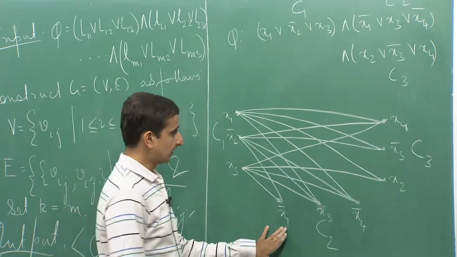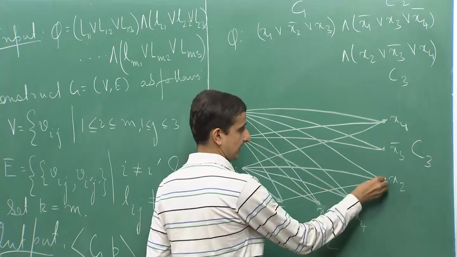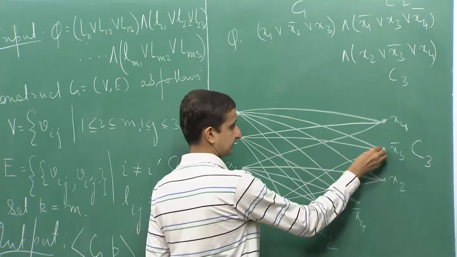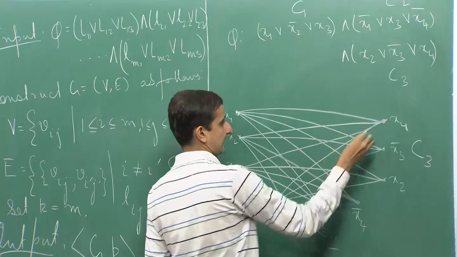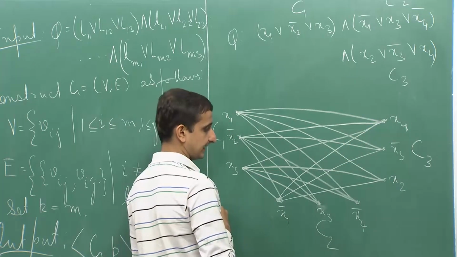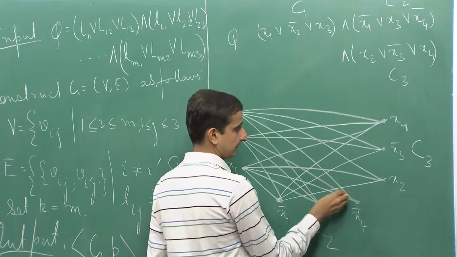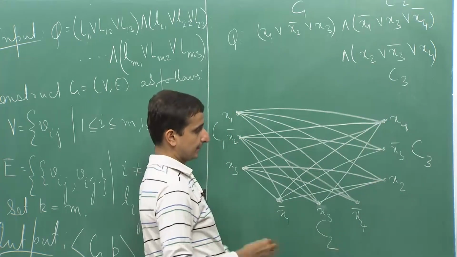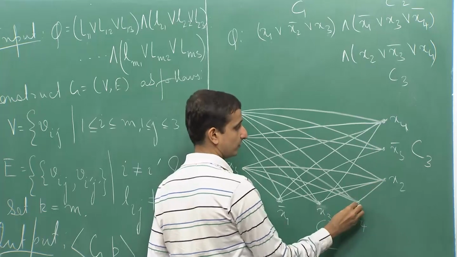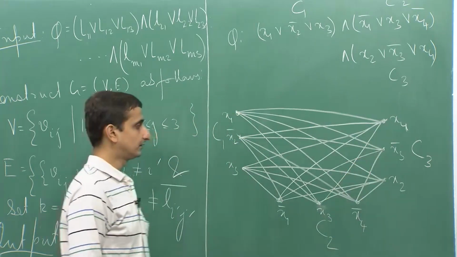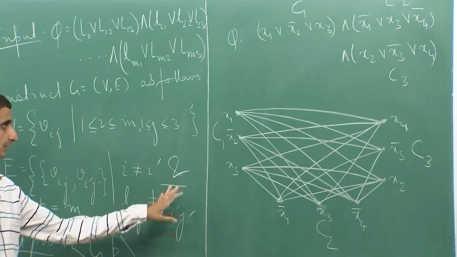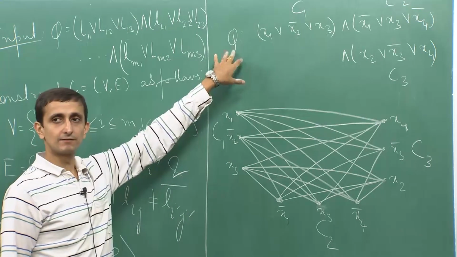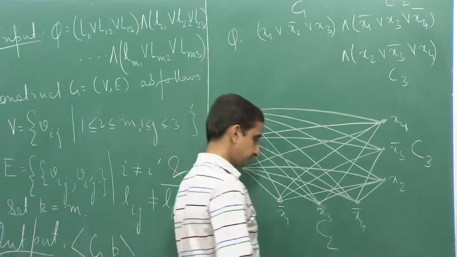From this x1 bar I have an edge to x2, x3 bar and x4, and from x3 I have an edge to x2 and x4, and from x4 bar I will have an edge to x2 and x3 bar only. So, this is the construction of the graph corresponding to the Boolean formula phi.